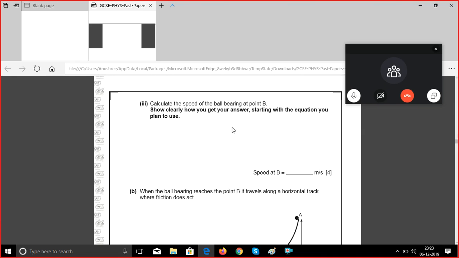So kinetic energy was 0.36. So 0.36 equals a half times 0.02 times v squared.